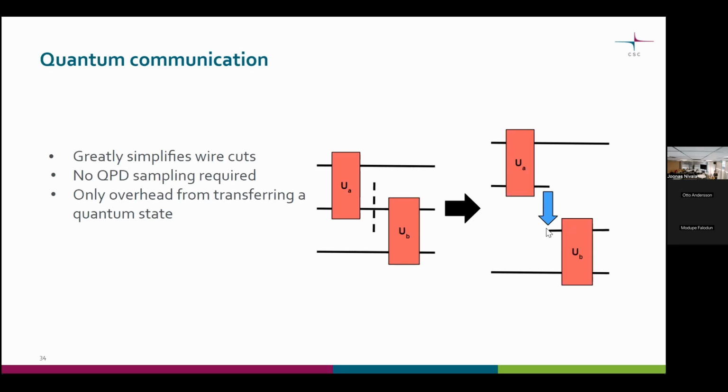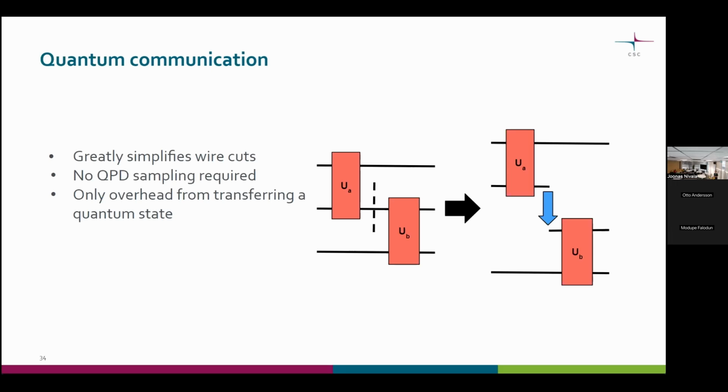And then you can just run the circuits normally. So you would just start with running this, and once you get to here, you send this state through the quantum communication channel to here, and then you can run the rest of this circuit. Quite simple. Since you don't need to sample from any distribution, this completely eliminates the overhead.